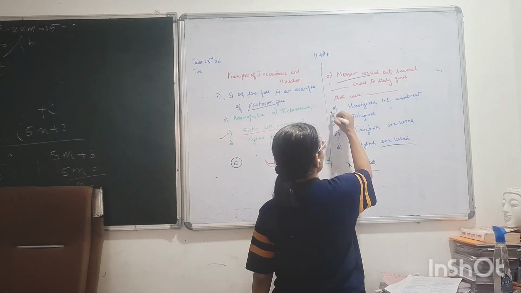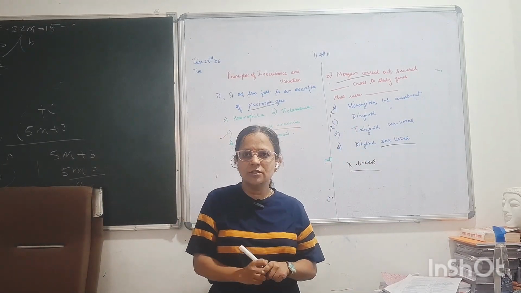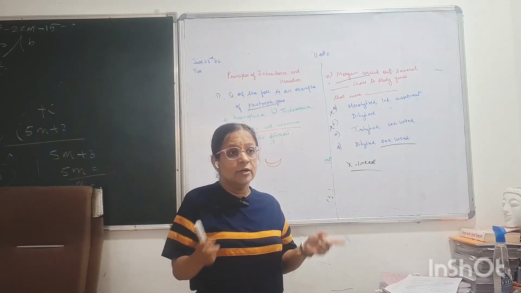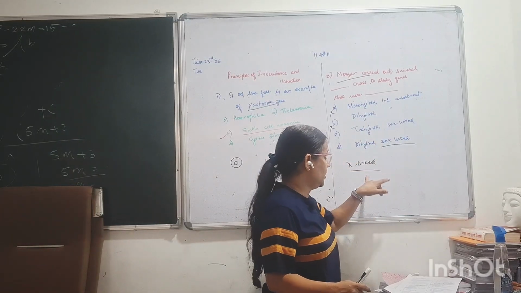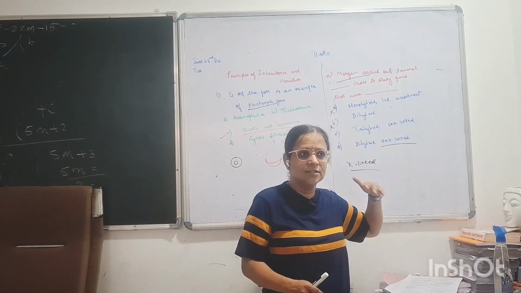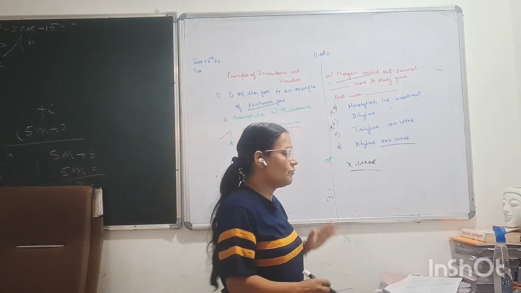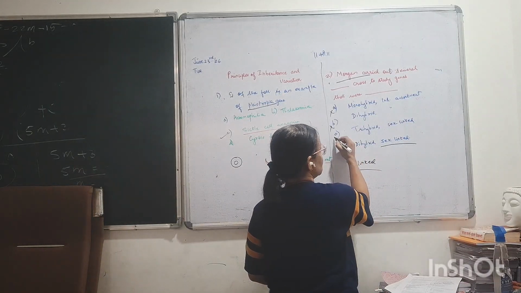Now these two options will go, because in Mendelian inheritance we saw that there is no linkage seen. But in Morgan's experiment we saw the linkage. So our answer is related to linkage, and when it comes to linkage it is sex linked. It is either X linked or Y linked. So this is of course X linked inheritance. So our answer is either C or D.